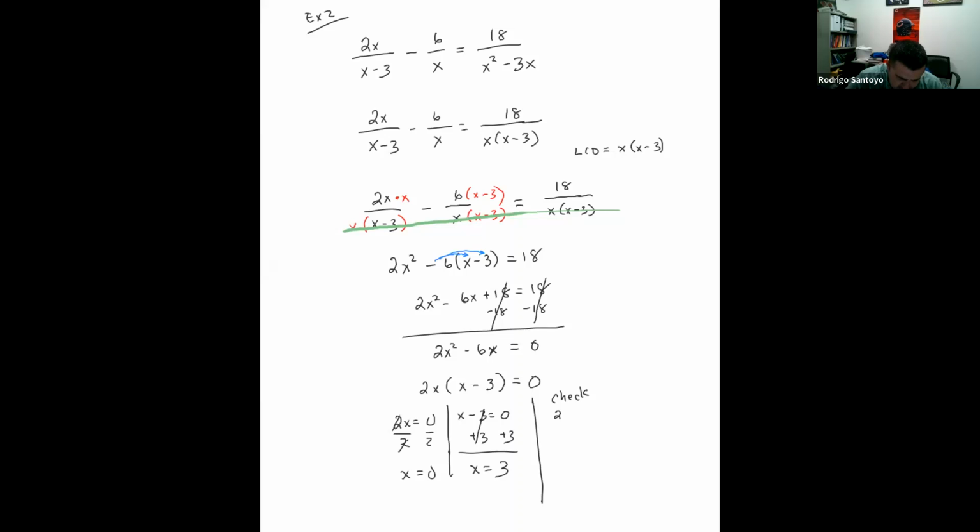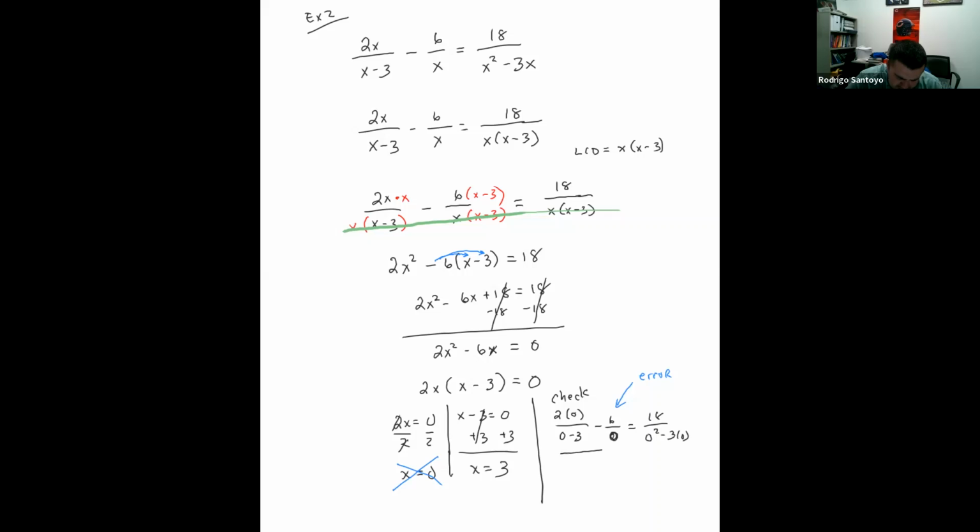We have 2 times 0 over 0 minus 3, minus 6 over 0 equals 18 over 0 squared minus 3 times 0. Notice that this causes an error. So 0 is not a solution. You can't have 0 in the bottom.